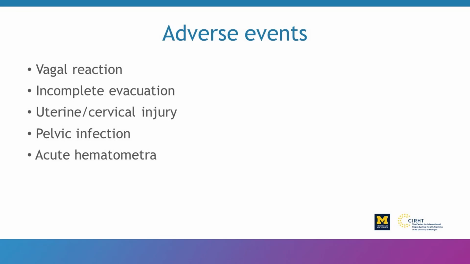But rarely you may end up with some vagal reactions, or there could be an incomplete evacuation which leads to infection, or very rarely you may have a uterine perforation if you don't do it gently, or there could be an accumulation of blood within the uterine cavity leading to hematometra.